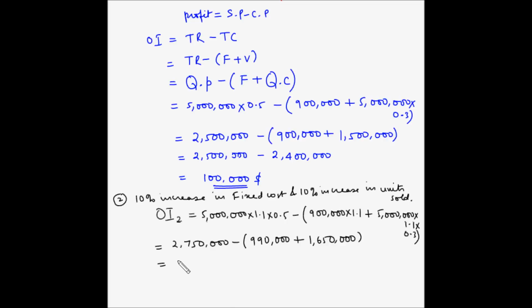So this is equal to 2.75 million minus 2.64 million. So this is equal to $110,000.